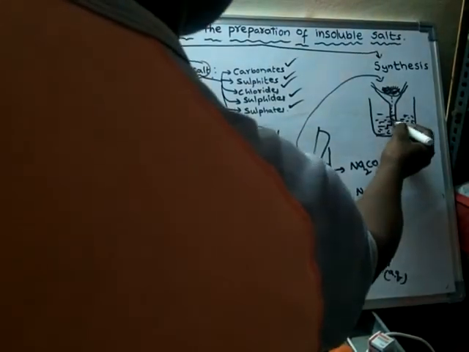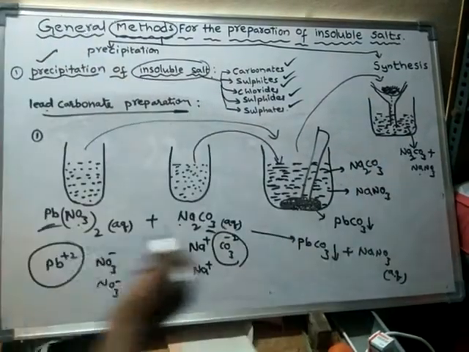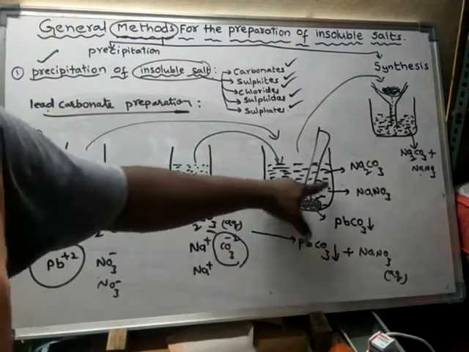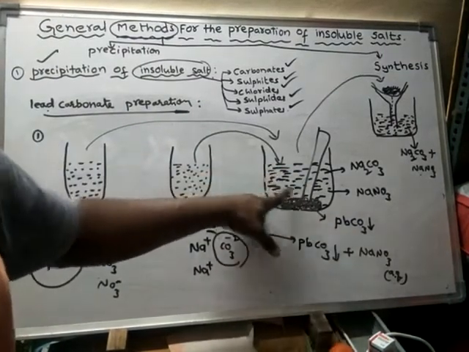This solution contains both substances: sodium carbonate plus NaNO3. These two are soluble salts, so they are present in the solution in dissolved form.